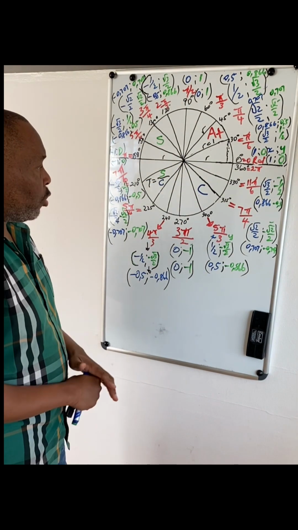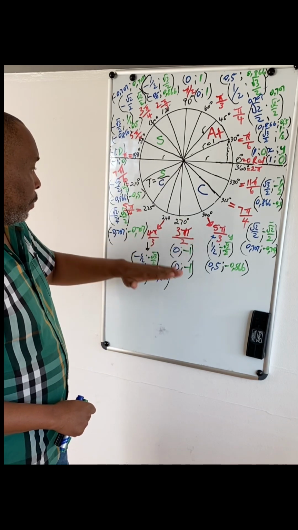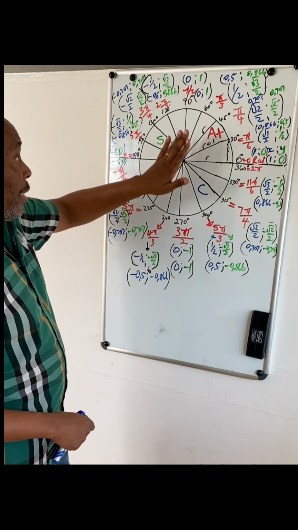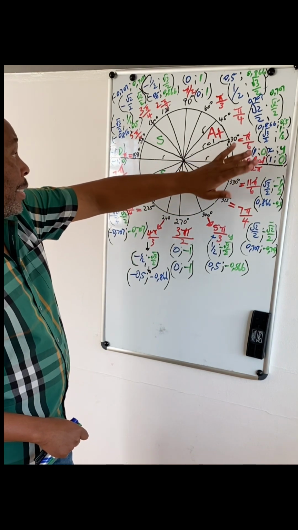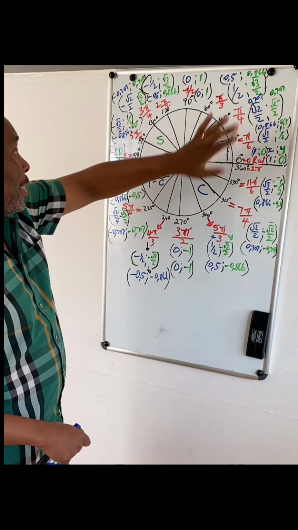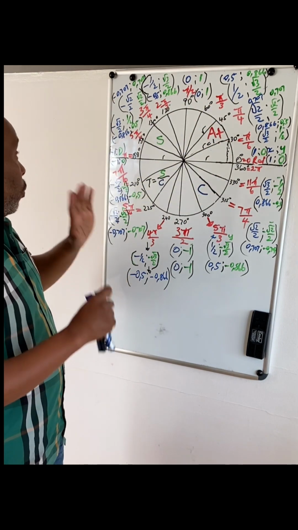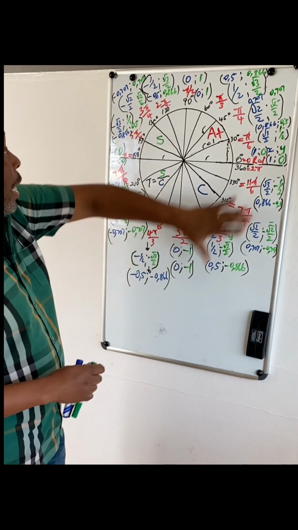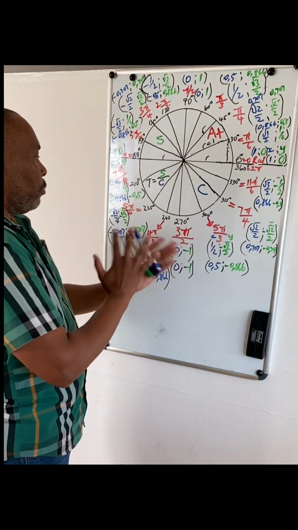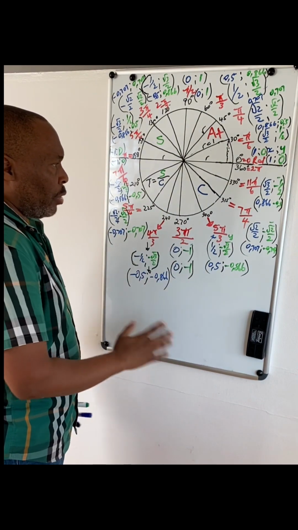I hope it's clear to you, and I hope you can work it out. The ratios, we explained when we dealt with 30 degrees, 45 degrees, 60 degrees, and all the others we did. I just wanted to put it up here all together to see how it all plays along and relates.